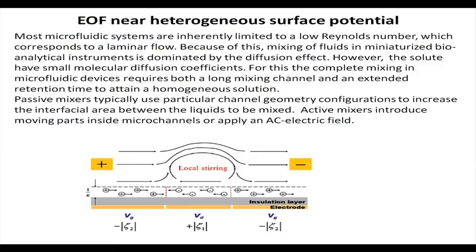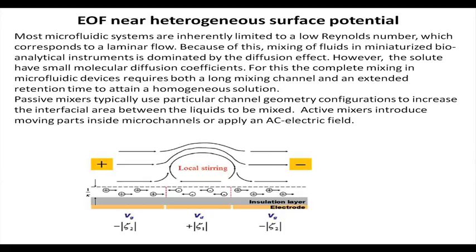So in other cases where we have taken homogeneous surface conditions, we will have only unidirectional flow. That means the flow along the direction of the applied electric field was the most significant one. But because of this heterogeneity, we may have a situation like this. So see this local recirculation in the domain.